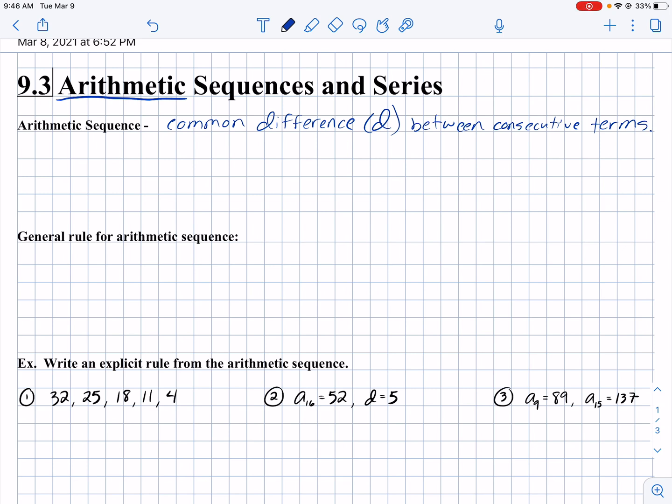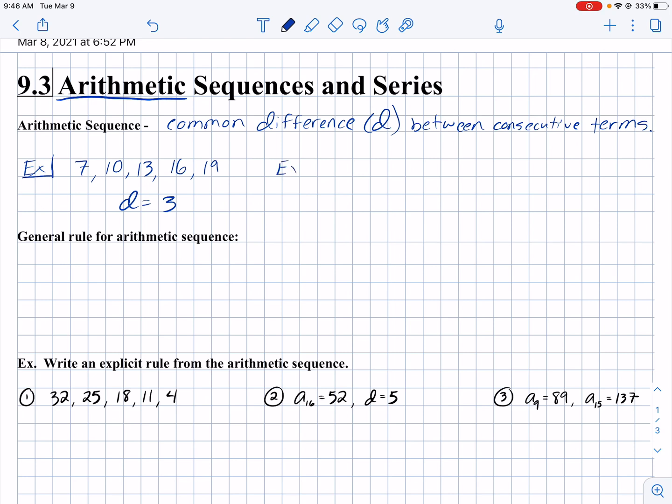All right, and then we'll list a couple examples down below here. You've already worked with some in class, but this would be an example of an arithmetic sequence: 7, 10, 13, 16, 19. It is arithmetic because our common difference is 3.